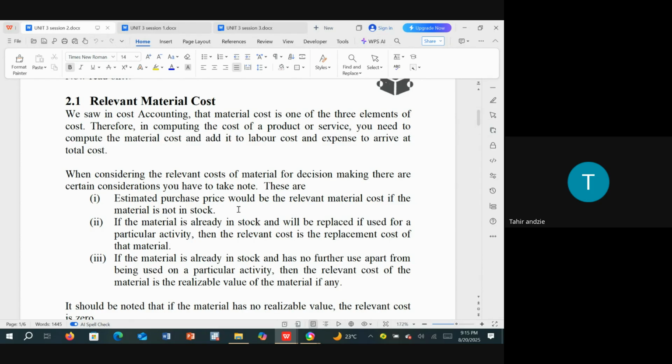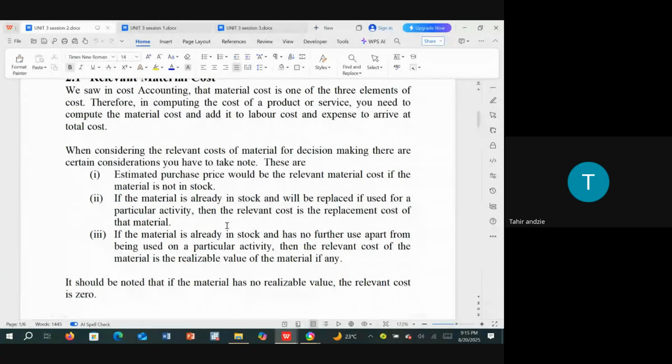So if we have the material already in stock and we use it regularly for production and we'll replace it when we use it, then the relevant cost of that material is the replacement cost, not the purchase price, because the material might have been purchased already. So if we use it and we have to replace it, the relevant cost of the material for the new product is the replacement cost.